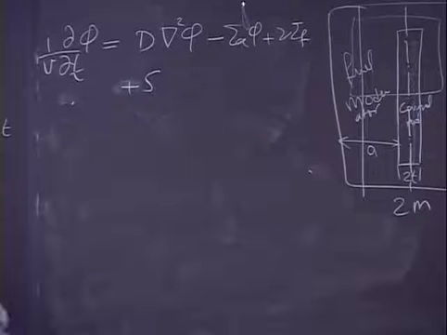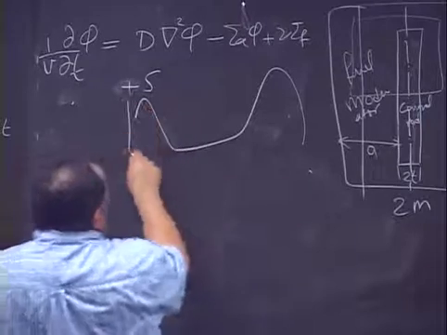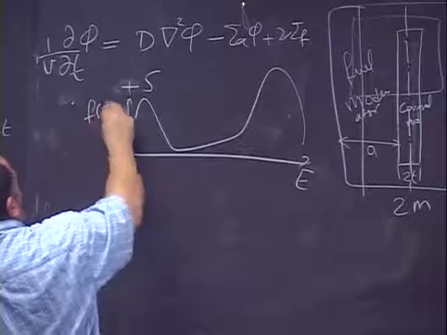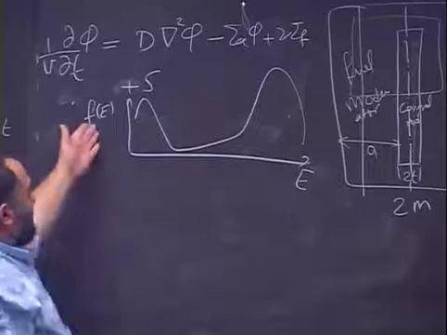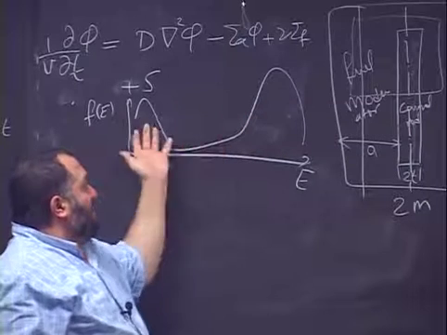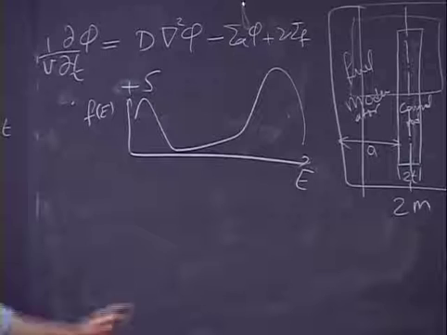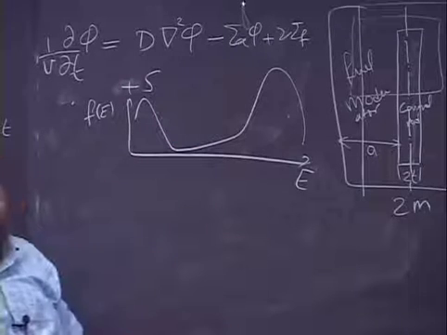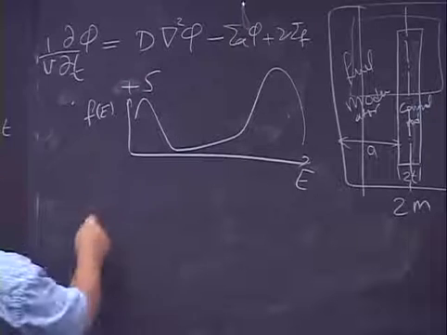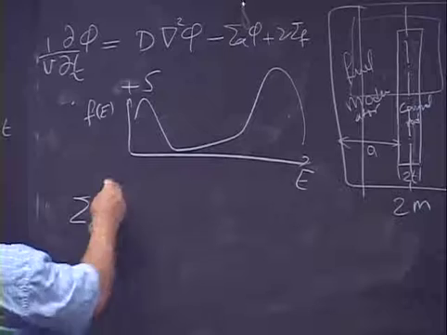But somebody will say, I have this energy distribution. This is the energy, and this is f of E, the distribution function for the neutron energy. This is fast, epithermal, thermal. So how can you assume that your coefficients are constant in energy? They do not depend on energy. So what we did is say sigma absorption is a function of energy.